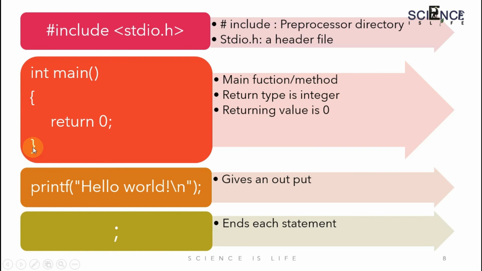It will end where we close our curly brackets, right? We call these two curly brackets a block structure. So this main function is also a block structure. You will learn later that all of our program is full of these block structures, right?